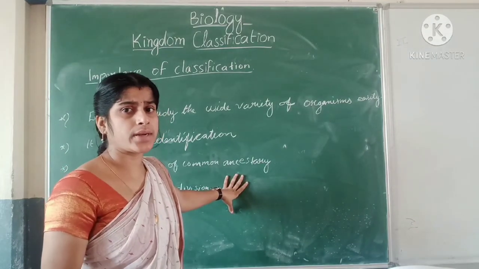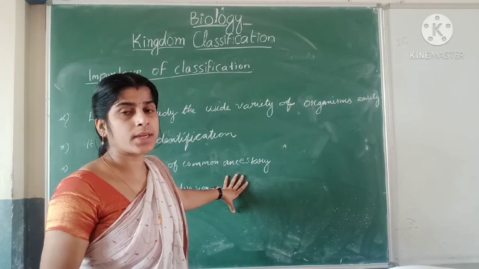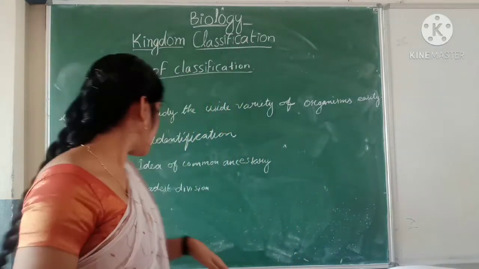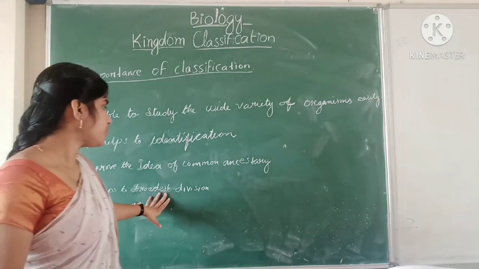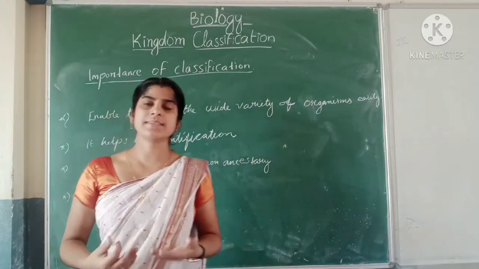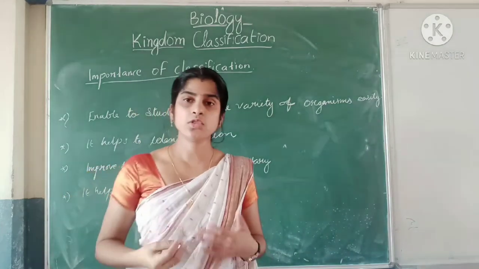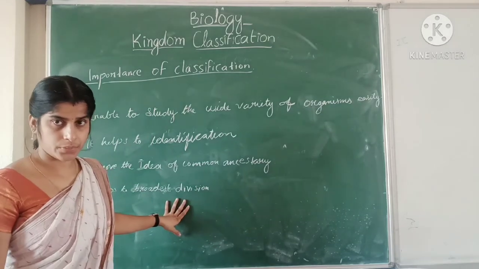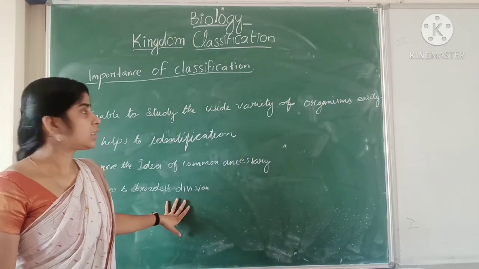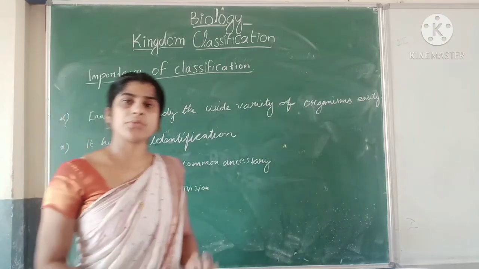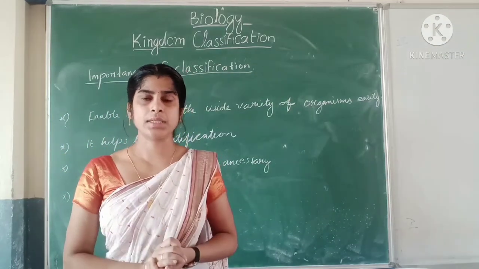We get the idea about the ancestry of those organisms. And the next one is that it helps in identifying which characteristics are used as the basis for the broadest division. So these are the importance of classification. I hope all of you understood this topic. Yes, thank you.